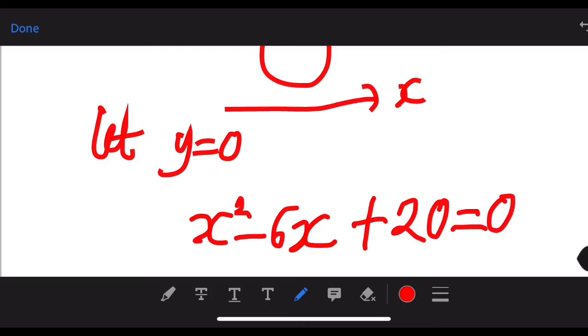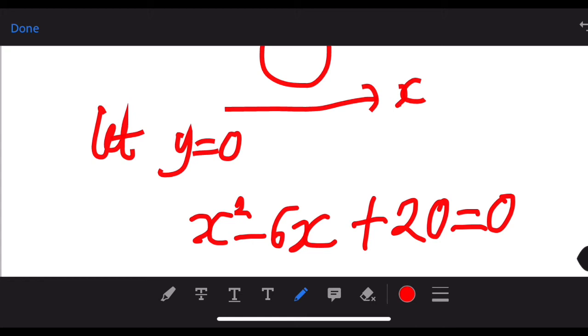We want to show that if we let y be 0, we actually cannot find the roots of the equation. It also means that b squared minus 4ac will be less than 0.